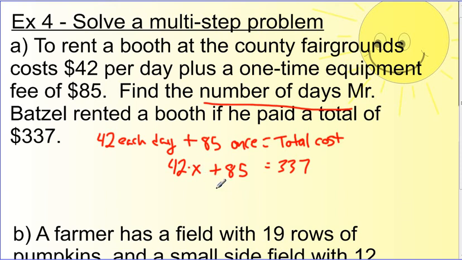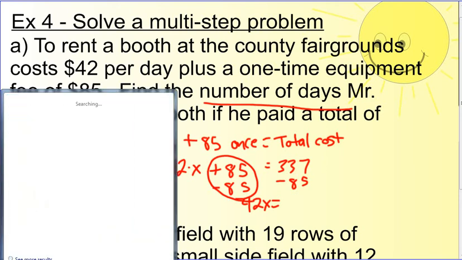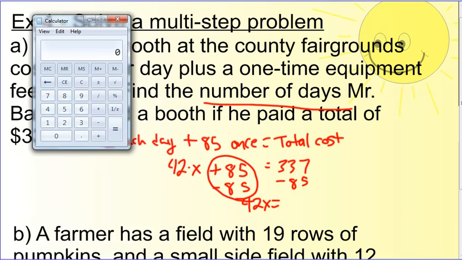Let's solve it. So I'm going to subtract 85, subtract 85. We'd get 42x equals, because this cancels out, and so we have to take 337 minus 85. Let's see if I can pull up a calculator here quick. Alright, so we want to take 337 minus 85 equals 252.